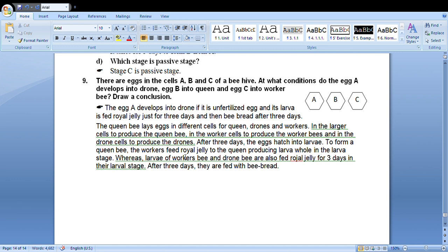To form queen bee, the worker bee feeds royal jelly to the queen bee producing larvae whole time in the larva stage, whereas larvae of worker bee and drone bee are fed royal jelly for 3 days in the larva stage, and after 3 days they are fed with bee bread.